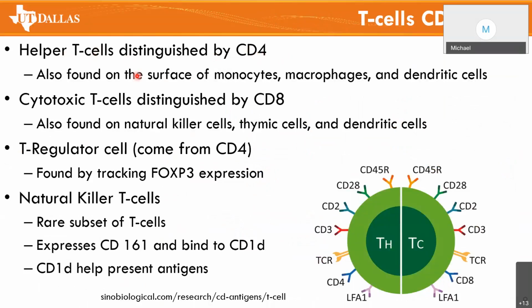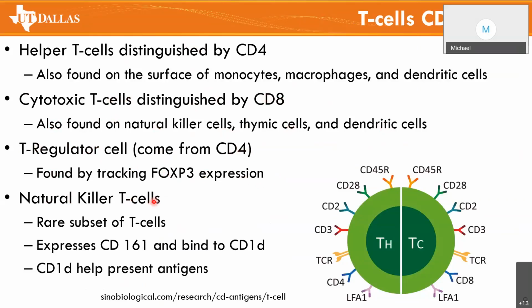The problem is CD4 positive cells are also monocytes, macrophages, and dendritic cells. Cytotoxic T cells are CD8 positive, but CD8 positive cells are also found on natural killer cells, thymic cells, and dendritic cells. T regulatory cells are also CD4 positive, and to distinguish them from helper T cells, we can track them by looking at the FOXP3 expression.